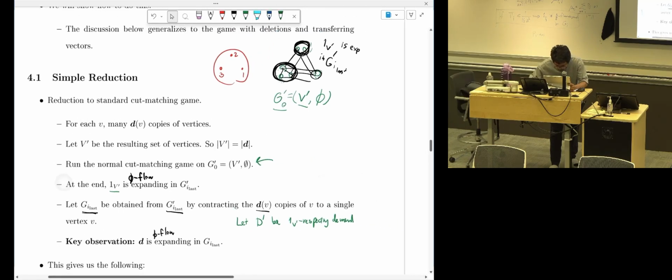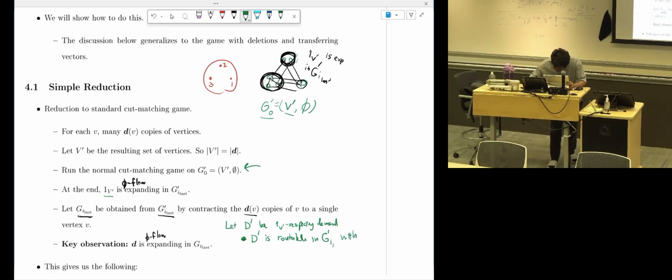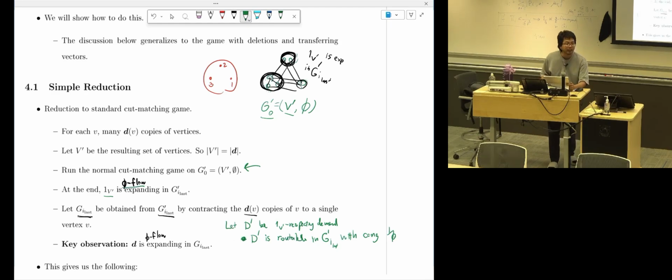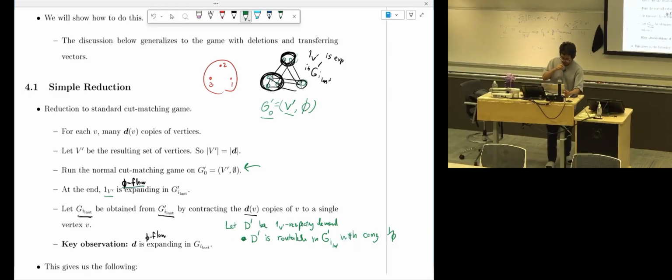Then we know that D prime is routable in G prime I last with congestion 1/phi, if this is phi flow expanding.